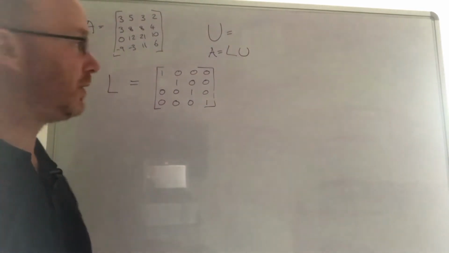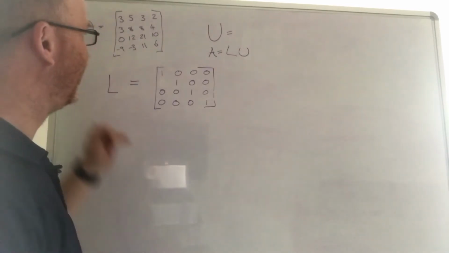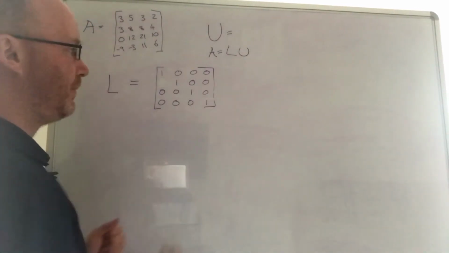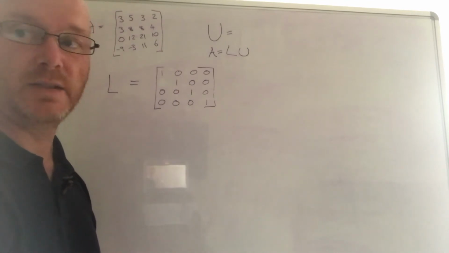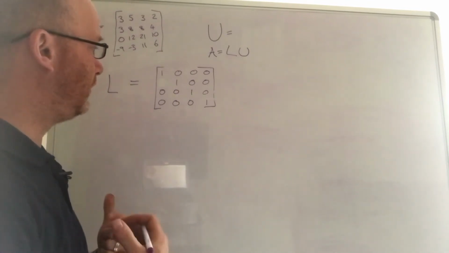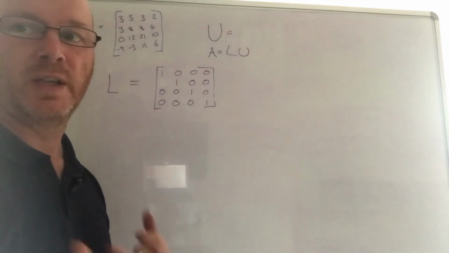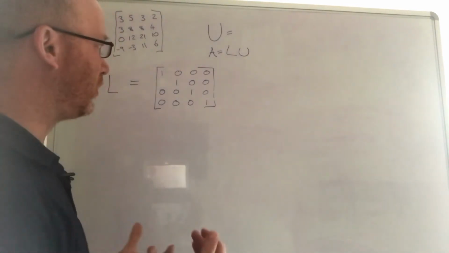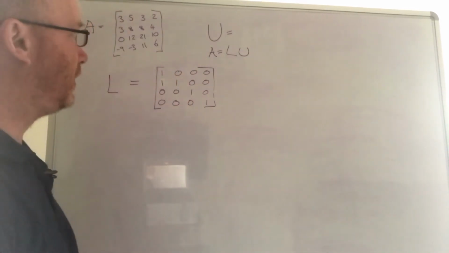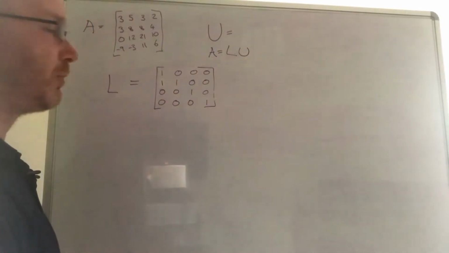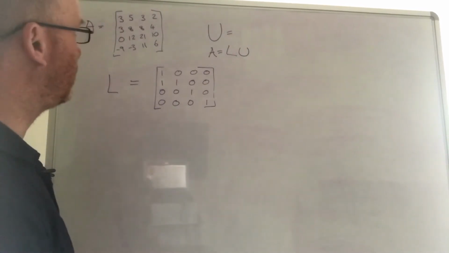Okay, so let's go ahead and do it. We're going to add -1 of the first row to the second row. With this technique, we actually do the opposite of the multiplication sign. So if we're adding a negative, or multiplying by a negative, we effectively record it as a positive. So that 1 is actually a positive 1 on the matrix, but it's a negative 1 that we're multiplying by.